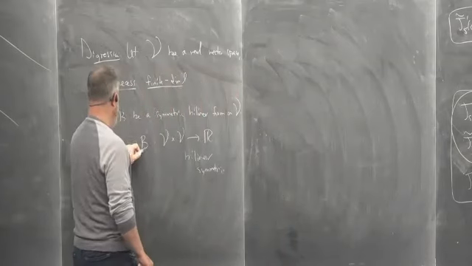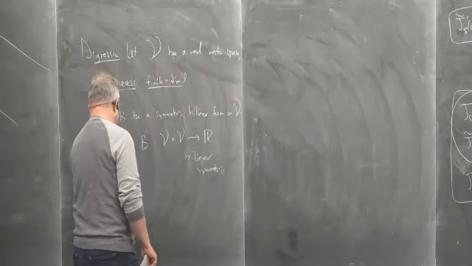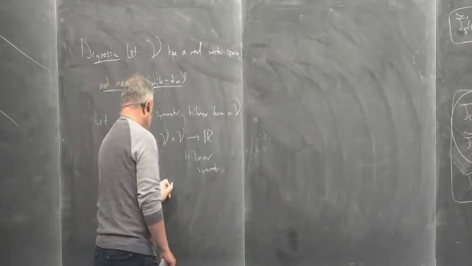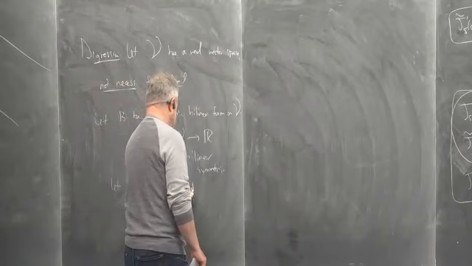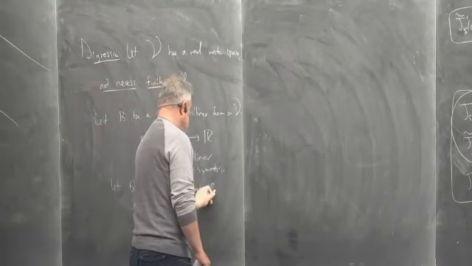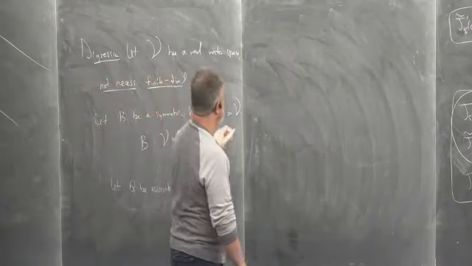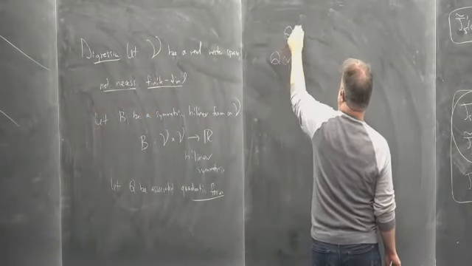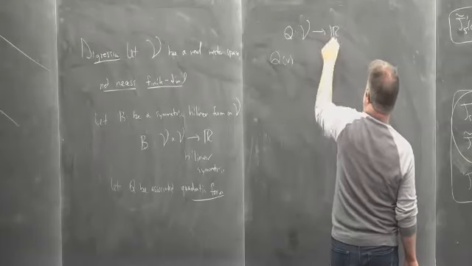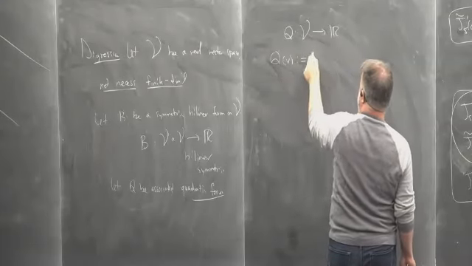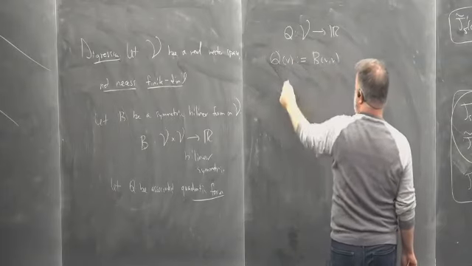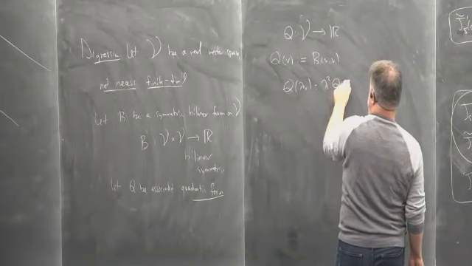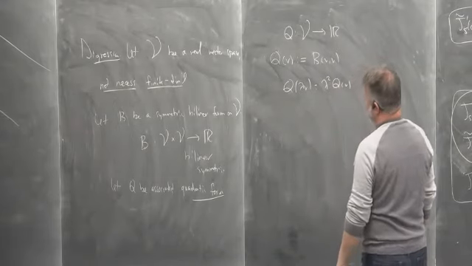And then there's an associated quadratic form. Let Q be the associated quadratic form, which is defined by Q of v equals B of v, v. You see that Q is not linear: Q of lambda v is lambda squared Q of v. That's why it's called a quadratic form.